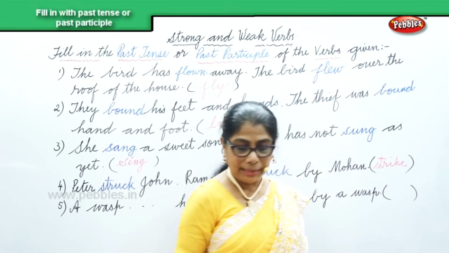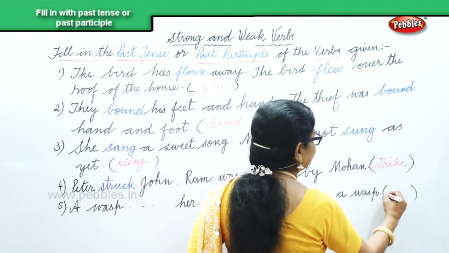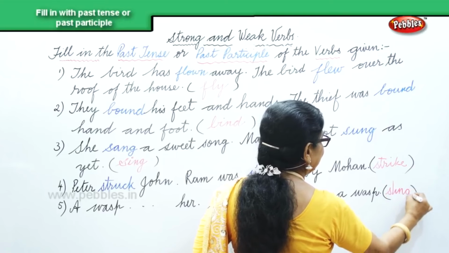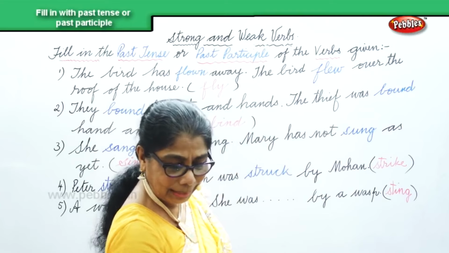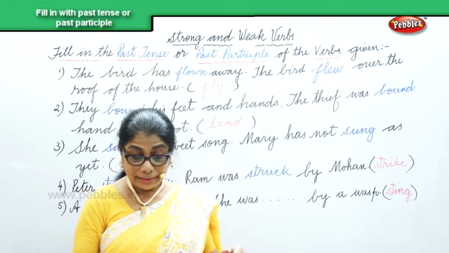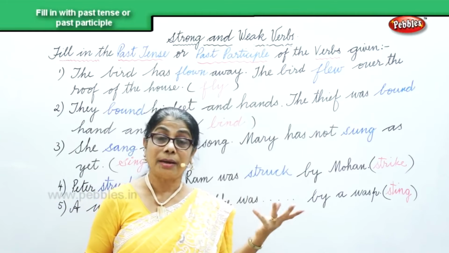And the verb in the present tense given is sting. A wasp or a bee will sting. Now, sting is in the present and then stung is in the past. Past participle also stung.